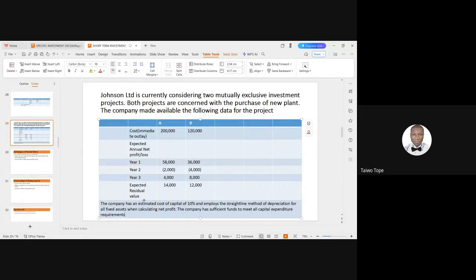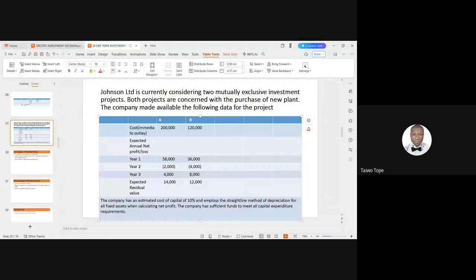Required: calculate the payback period for each project and advise which of the two projects to be selected.